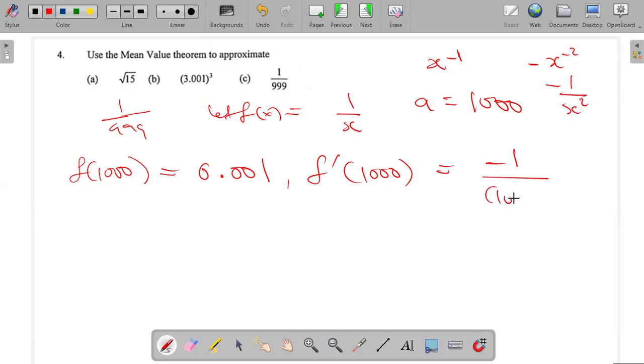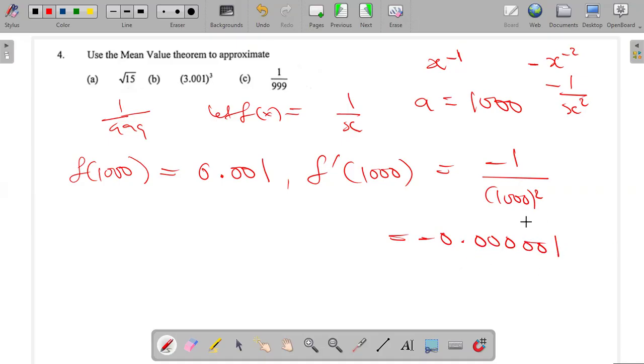So I square 1000, then divide 1 by that. The answer is negative 0.0000001.